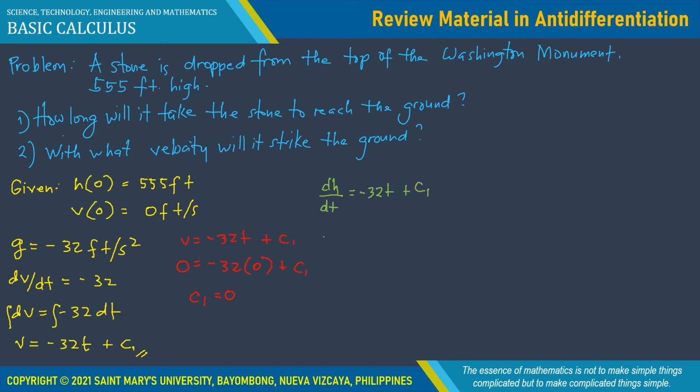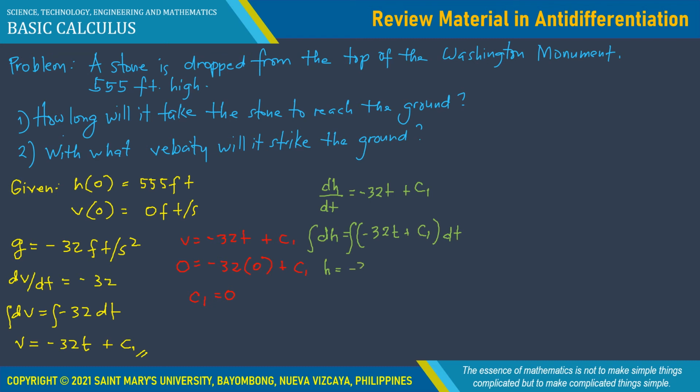So ganun din lang, multiply natin by dt sa both sides, so that will be dh equals negative 32t plus c sub 1 dt. And then mag-integrate. So we have the integral. Kunin natin yung integral ng dalawa. The integral of dh is h.